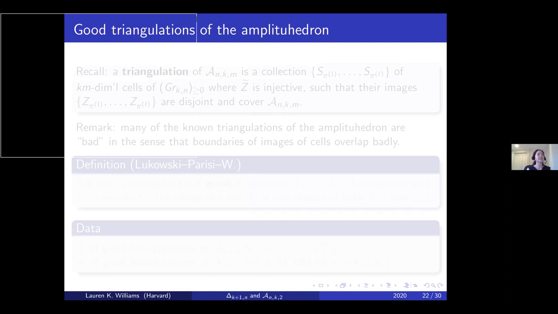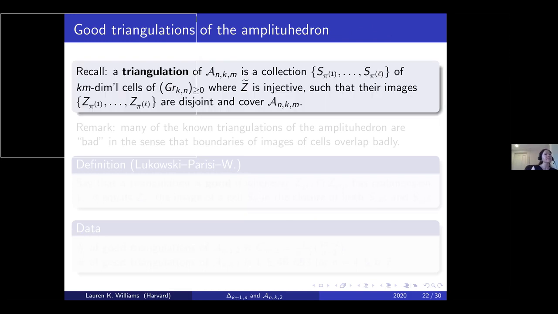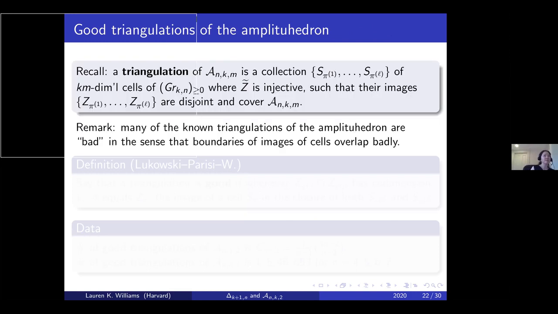Okay, I'll just explain that in a tiny bit more detail. Many of the known triangulations of the amplituhedron are bad in the sense that boundaries of images of cells overlap badly.